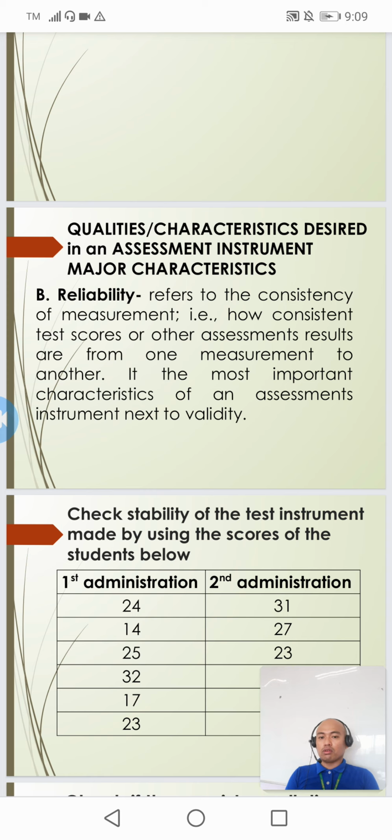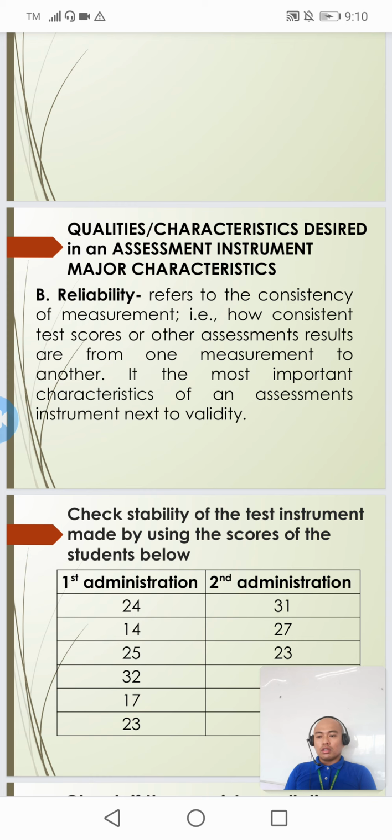So dito na natin i-check: meron bang concurrent validity itong dalawang test na ito, para at least maalis natin itong reason na ito kung bakit magkakaroon ka ng unreliable result or inconsistent score on that particular exam.